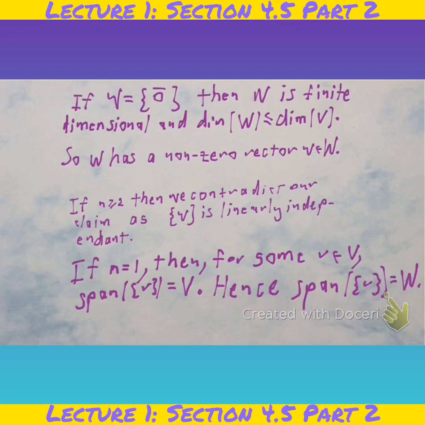So hence the span of v, because v is in capital W, is going to be the whole of capital W, because v spans the whole vector space V, right?